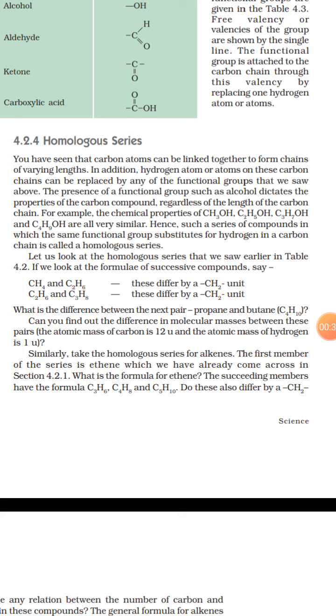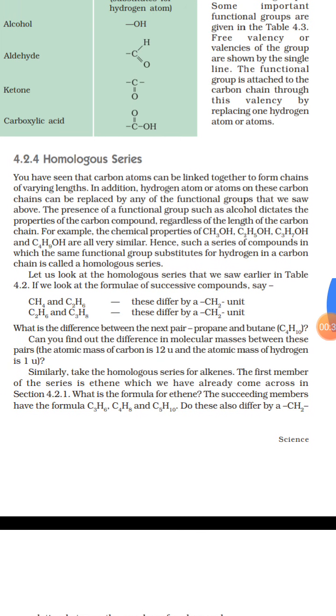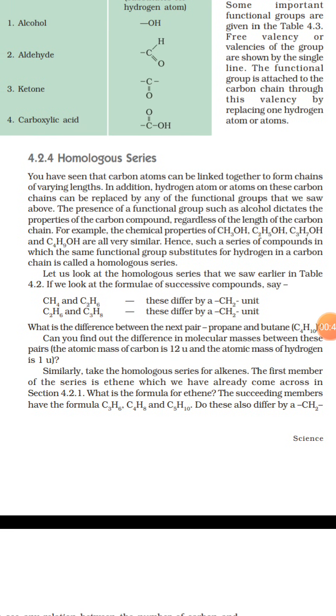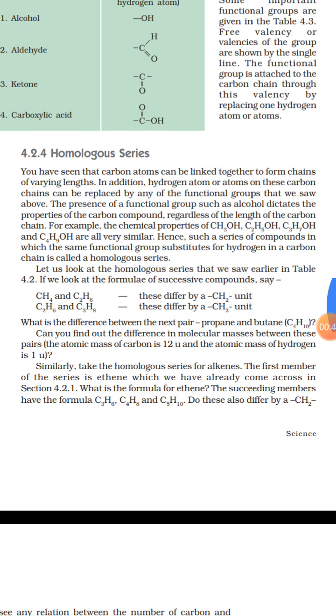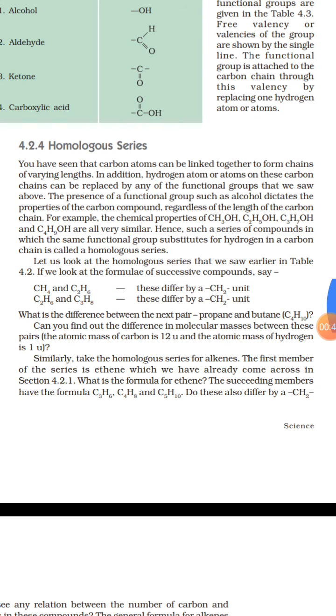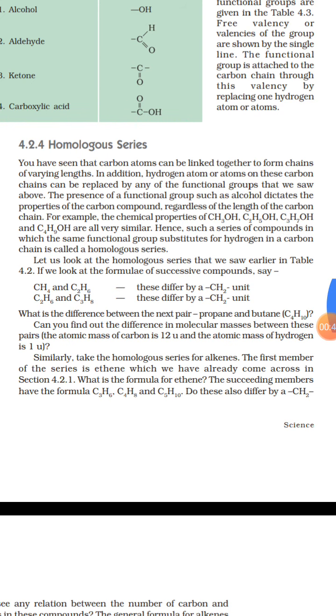The presence of functional groups such as alcohol dictates the properties of carbon compounds regardless of the length of the carbon chain. For example, the chemical properties of methyl alcohol, ethyl alcohol, C3H7OH and C4H9OH are very similar.